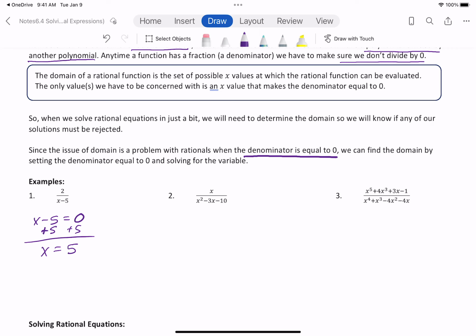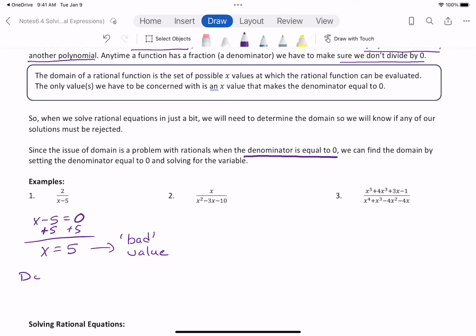So what we have just found is what you can think of as our bad value. This is the number that we cannot use for x in this rational expression because it makes the denominator 0.